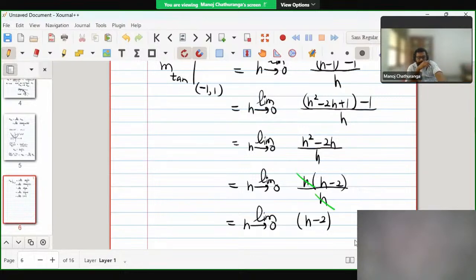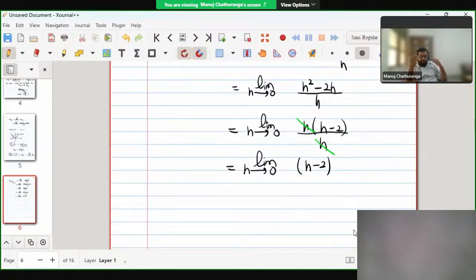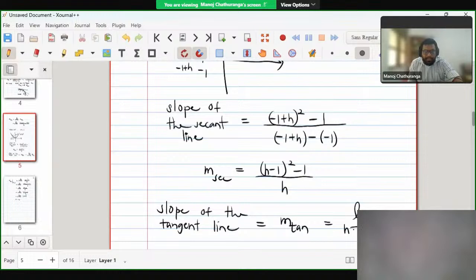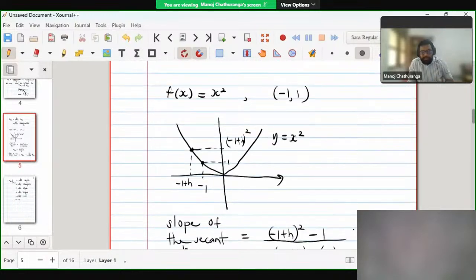Now this is a linear function of h, so you should be able to simply substitute h equals 0. No rational functions or anything like that. So when you set h equals 0, the answer is -2. So the slope of the tangent line at this point is -2.